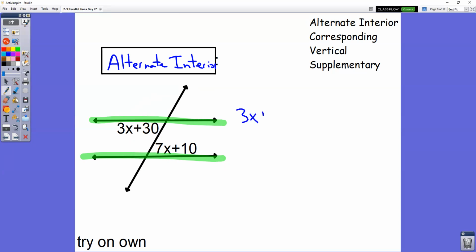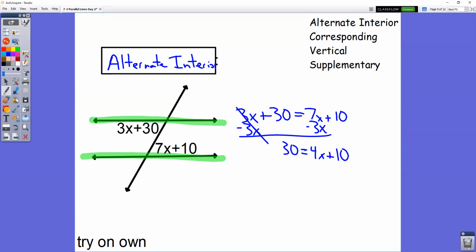So 3x plus 30 equals 7x plus 10. We have letters on both sides, so minus 3x, minus 3x. So 30 equals 4x plus 10. Minus 10, minus 10 is just a two-step equation now. So 20 equals 4x. Divide by 4, divide by 4, x equals 5.